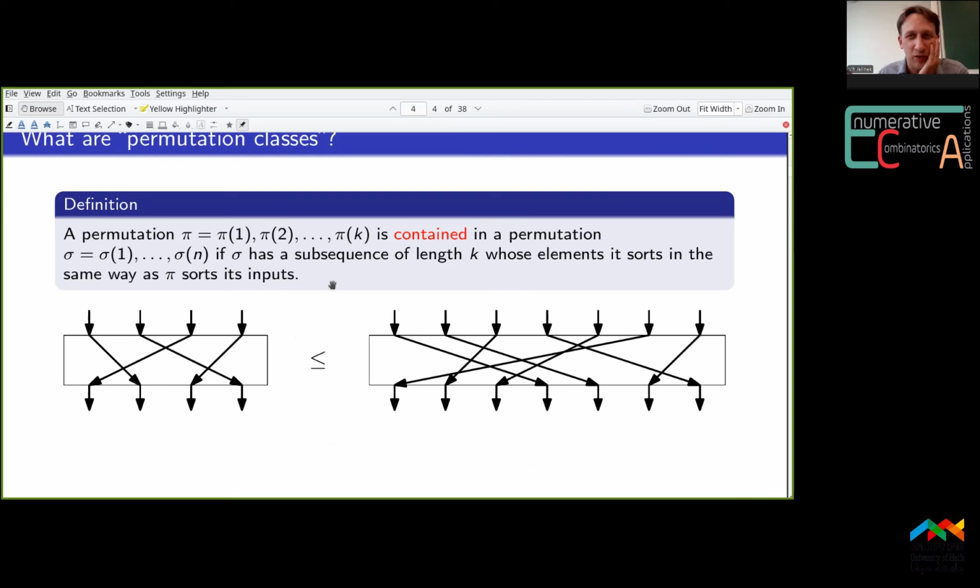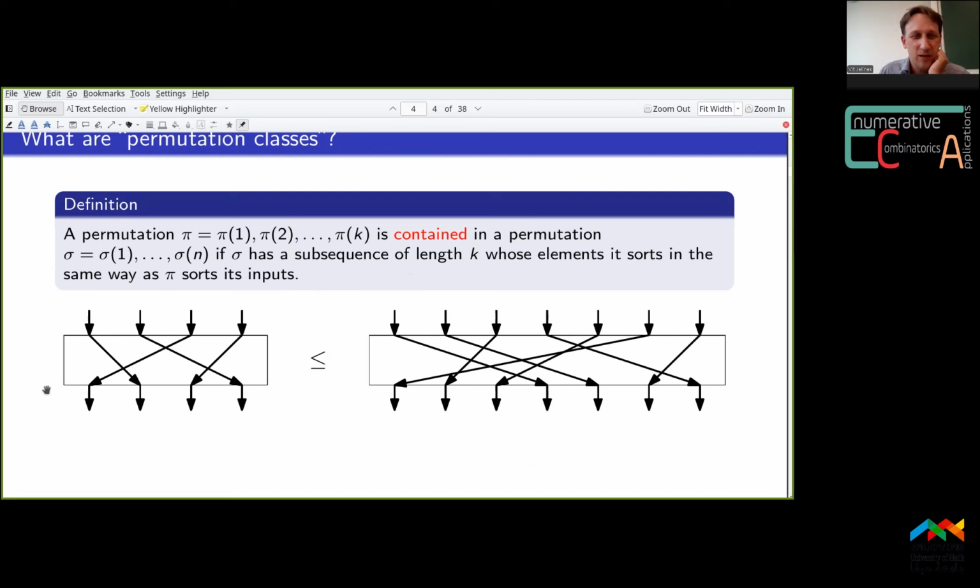I'm using what is perhaps the most common notion of permutation containment, where I say that a permutation of length k is contained in a permutation of length n if this permutation of length n contains a subsequence of length k whose elements it sorts in the same way as the permutation of length k sorts its elements.